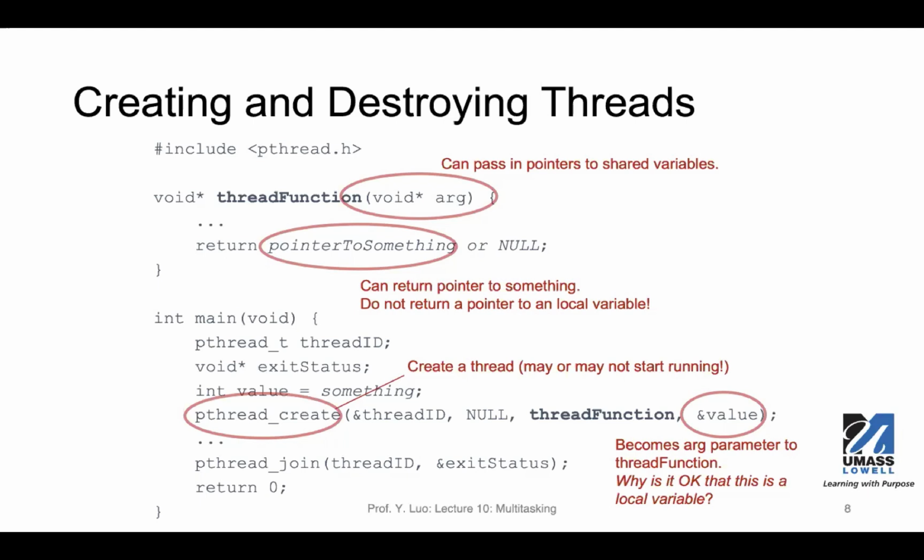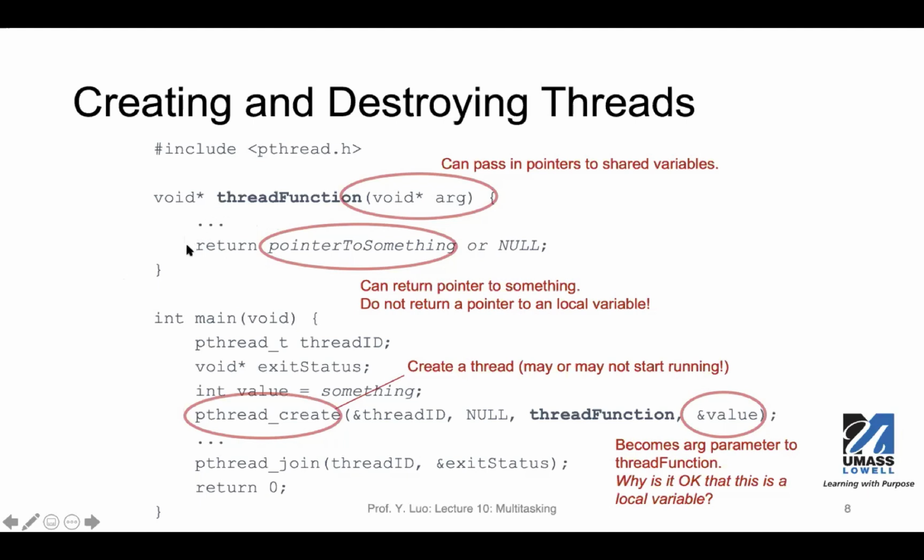Now think about this. If we have an integer x equals 5, this variable x, where is it allocated? In the static memory or in the stack? On the stack. So this variable is a local variable that is allocated on the stack.